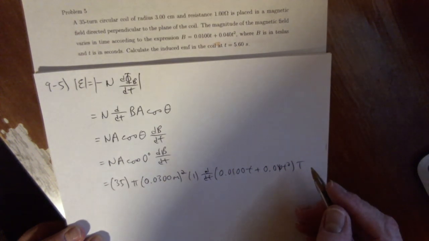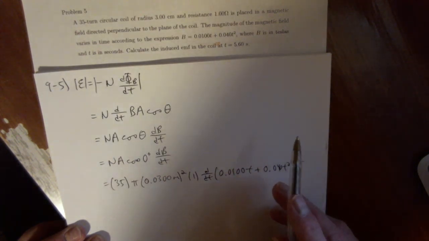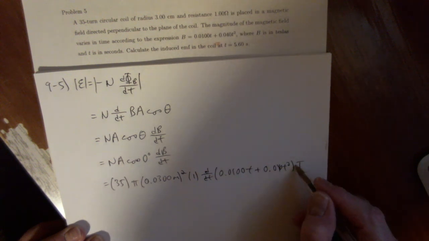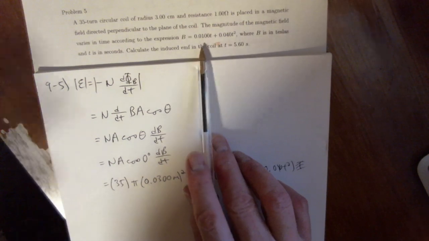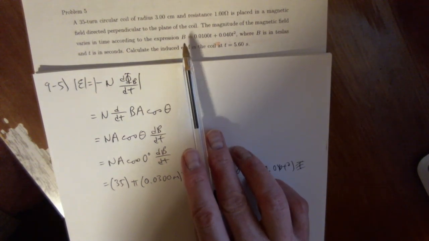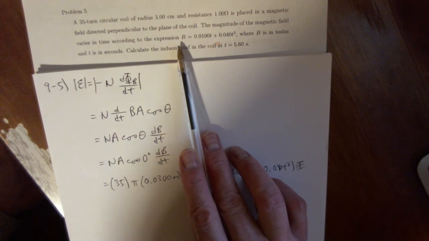Forget about the units, I'll put units in at the end. The B field overall is in Tesla.